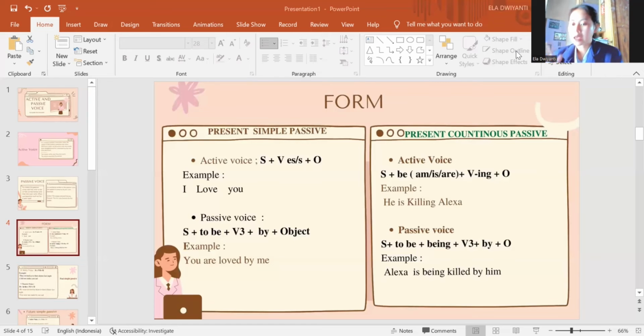Alexa is being killed by him. You get the point, okay? He is killing Alexa. Alexa is being killed by him. Okay.